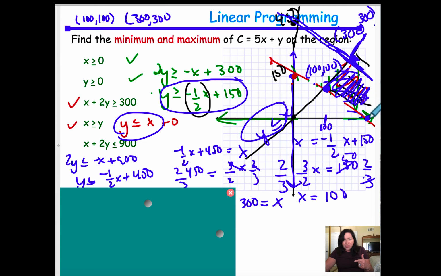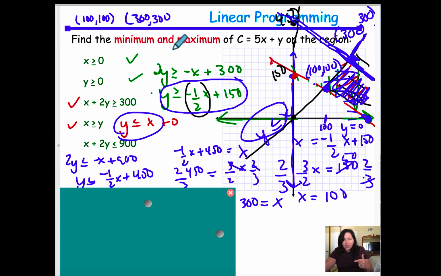And now we need this last point, which it looks like it's down here because these are parallel, right? Those are actually going to just keep going. And I'm going to look at this point, which this is y equals 0, right? Y equals 0. And then the other one, the red one, is the 150. So where is that? That's this one.